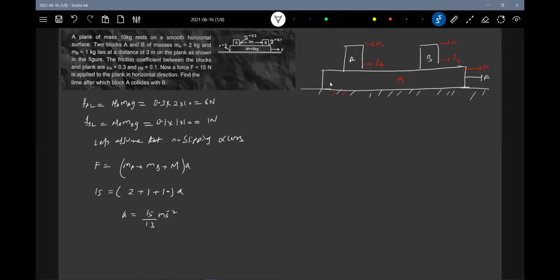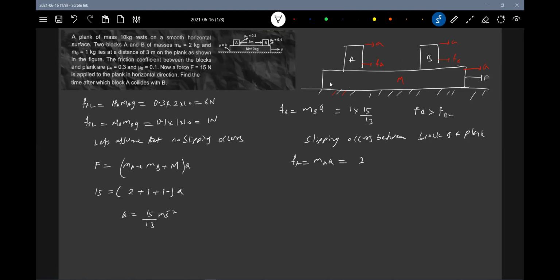FB is equal to MB into a. What is the mass of the block? 1. So this will be 15 by 13. I think definitely FB is greater than FBL. Therefore, slipping occurs between block B and plank. Similarly, we'll check FA. FA equals MA into a.